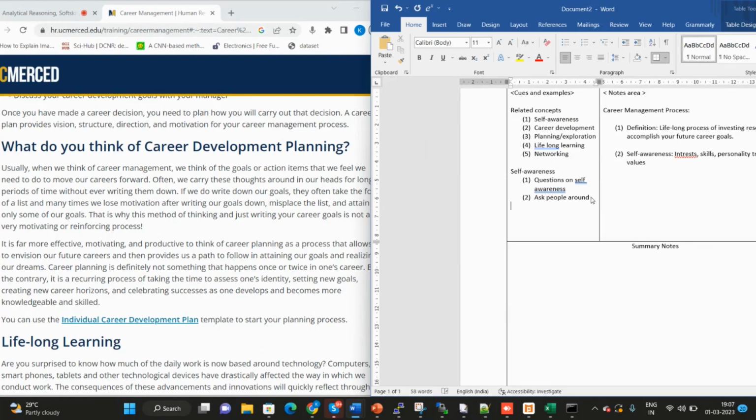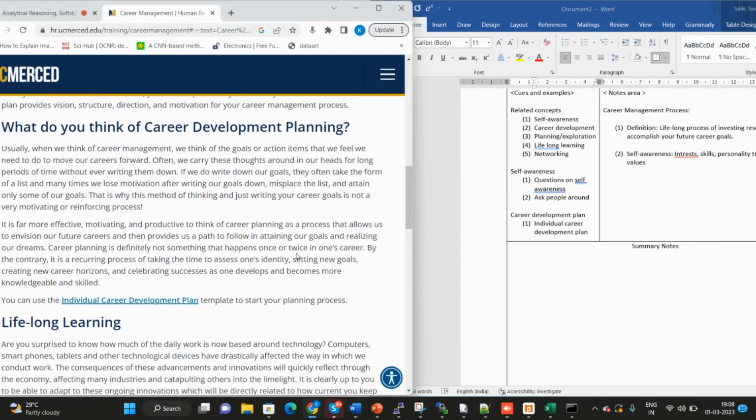Qsல வந்து நம்ம career development plan, இதுல வந்து மேபி அந்த அவங்க ஹைலைட் பண்ணிருக்கிற இண்டிவிஜுவல் career development plan, okay. So this is on career development plan.